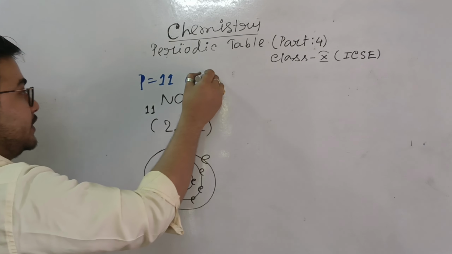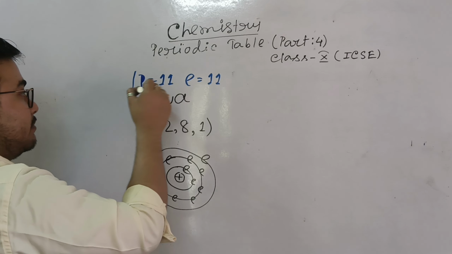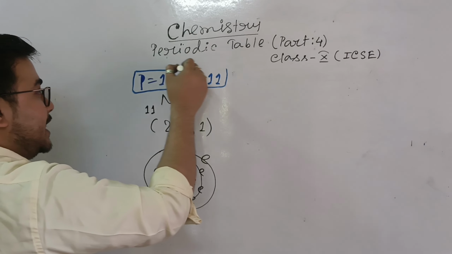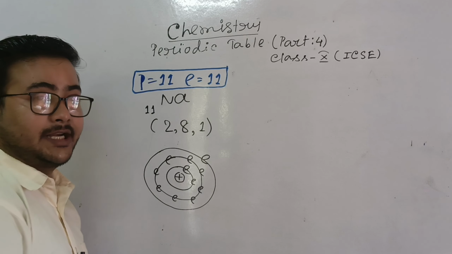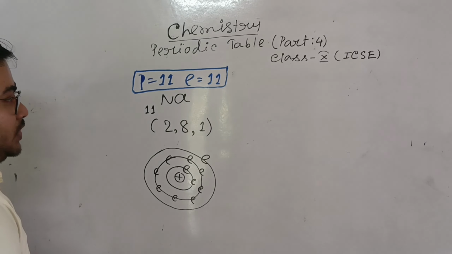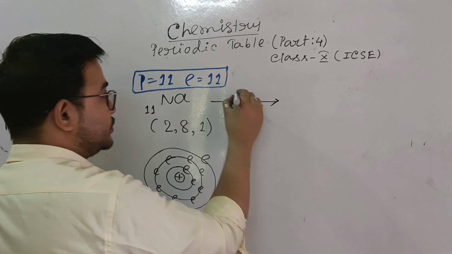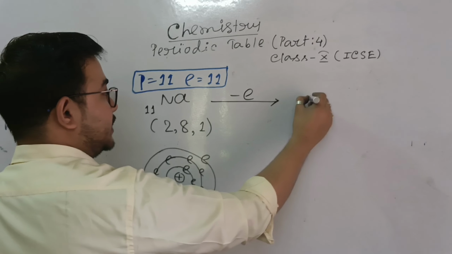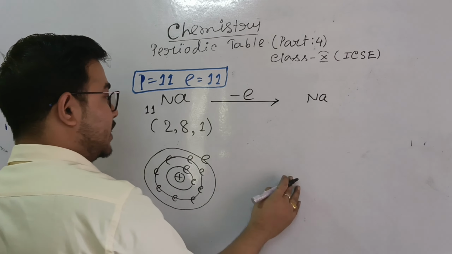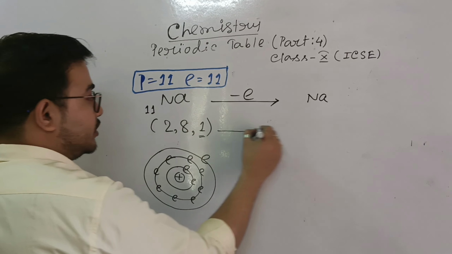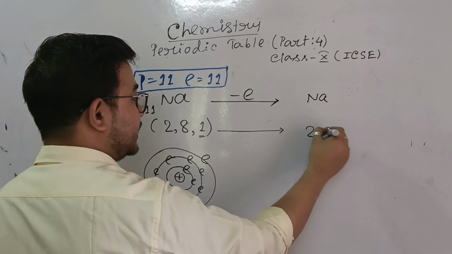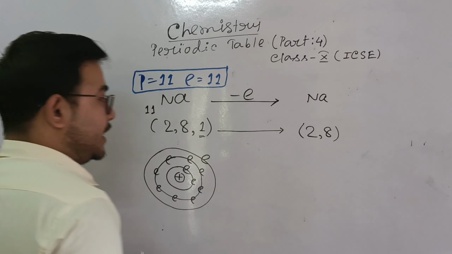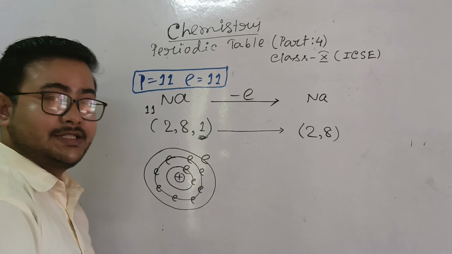And the number of electrons? Obviously 11, because the number of protons and electrons are the same in a neutral atom. Now, if sodium loses an electron, what will be its electronic configuration? Only 2, 8, because it loses that last electron.